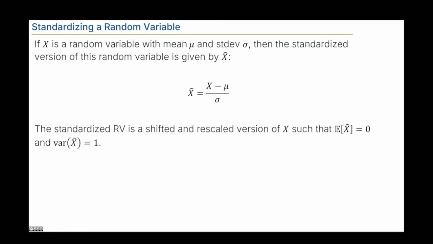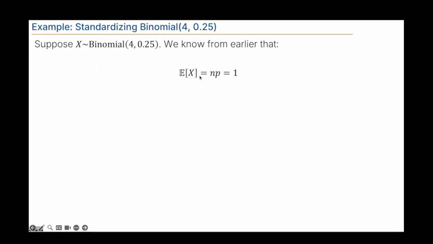I'm going to give you an example with the binomial. I'm going to start with the binomial, then take the mean, subtract it off, divide by its standard deviation, and look at what we get back. So we know that if we have a binomial random variable, 4 coin flips, heads 25% of the time, then the expectation is n times p, which in this case is 4 times a quarter, which is 1.